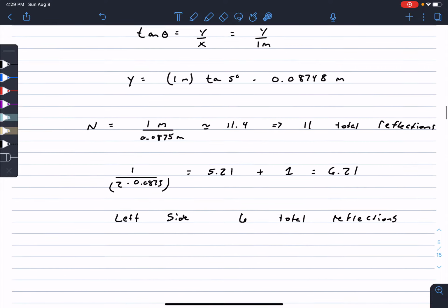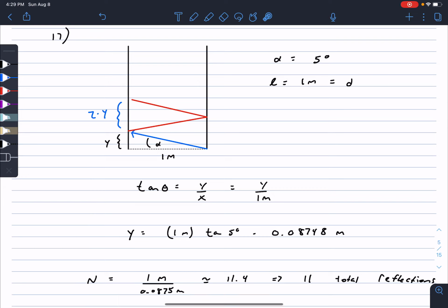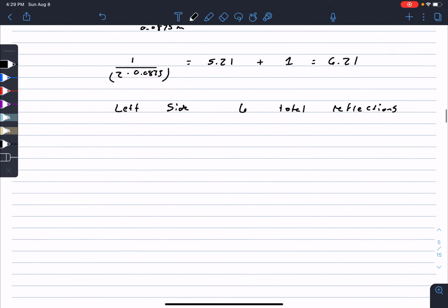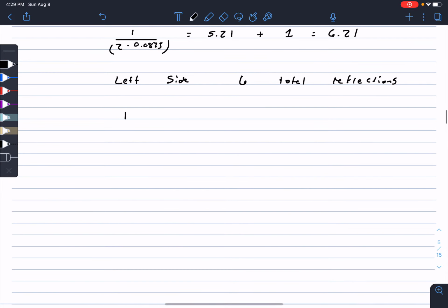And then on the right, we've already lost this distance, so it's just going to start from here. So we take 1 meter minus this little distance here. This was the left side, this is the right side. Now 1 minus 0.0875, over 2 times the distance, because it has to bounce and come back, so it raises up that much.